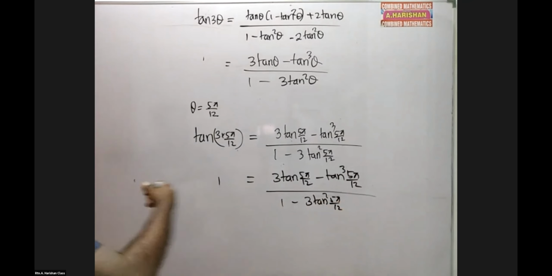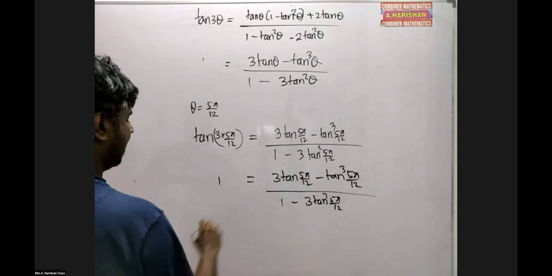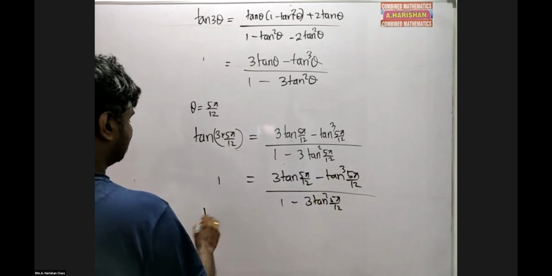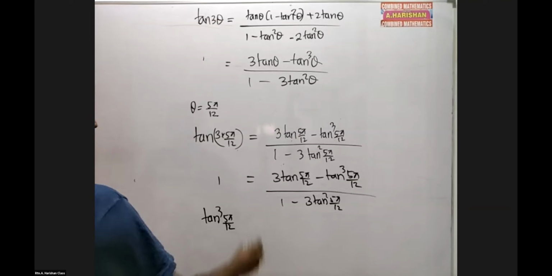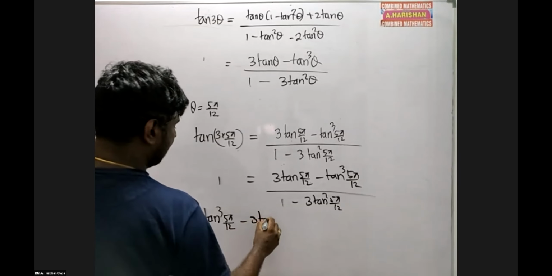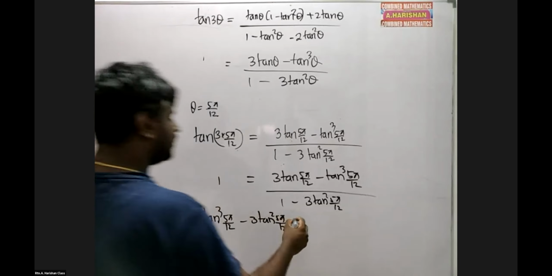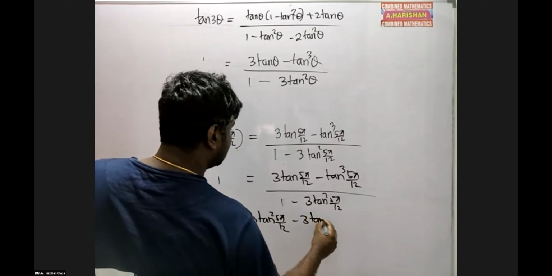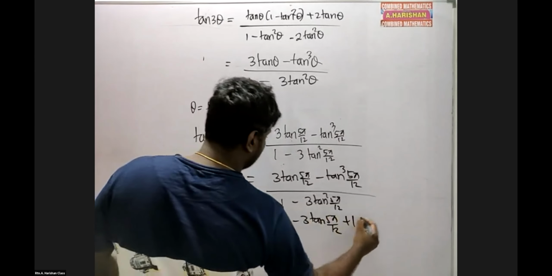Now cross multiply and arrange. If I cross multiply and bring the tan cube to this side: tan cube 5 pi by 12 minus 3 tan squared 5 pi by 12, then minus 3 tan 5 pi by 12, plus 1 equals 0.